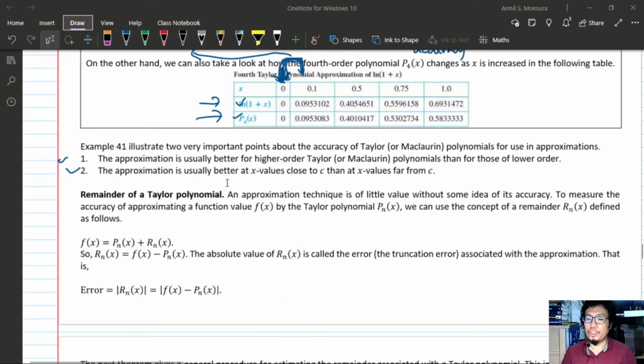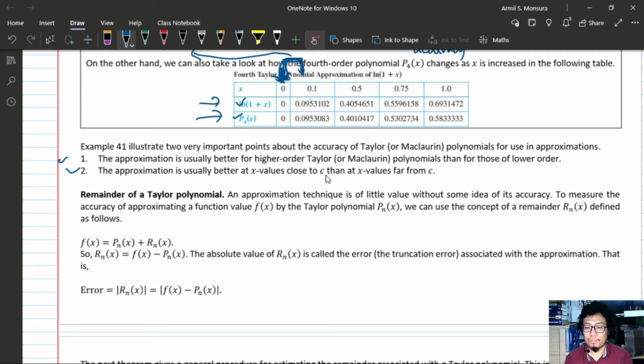Now, we proceed with the discussion of how accurate your approximation was. Remember that the basis of our accuracy up to this point is hinged on the fact that you know what would be the true value of your function. But that's not the case at all times.